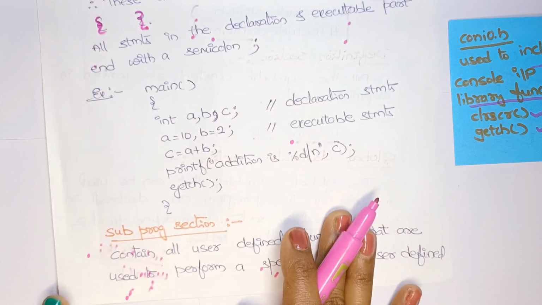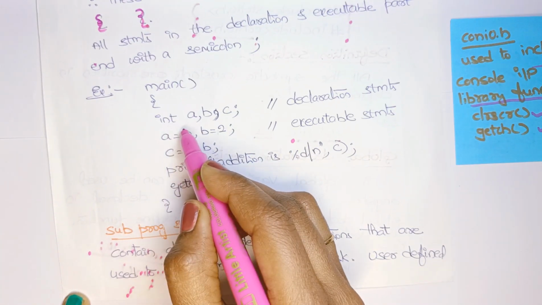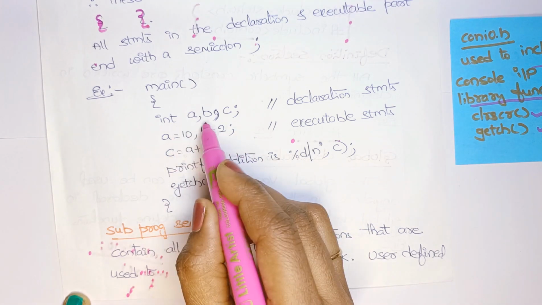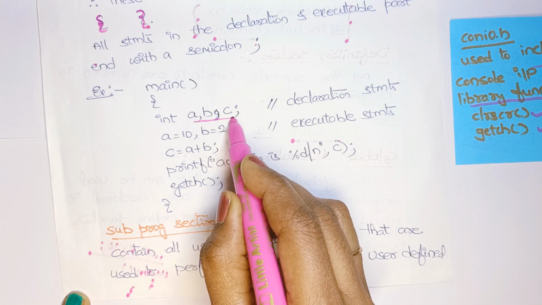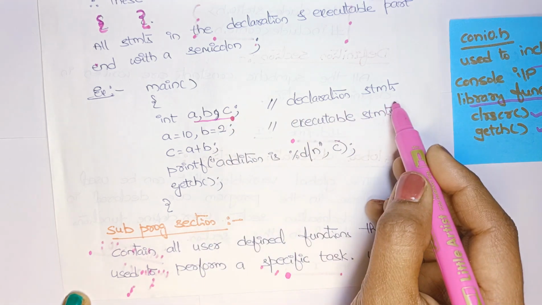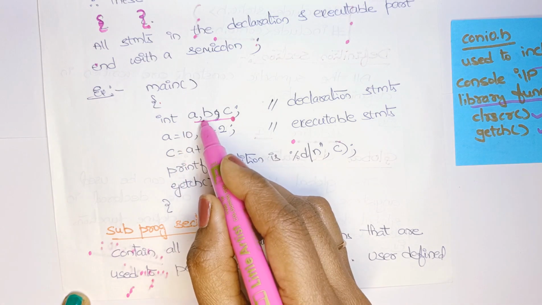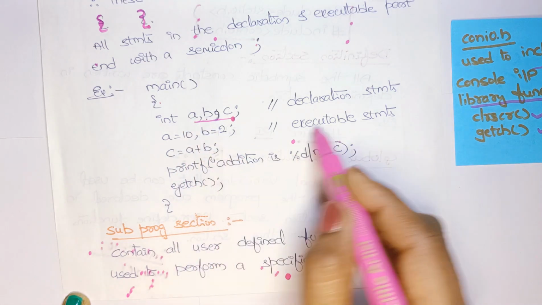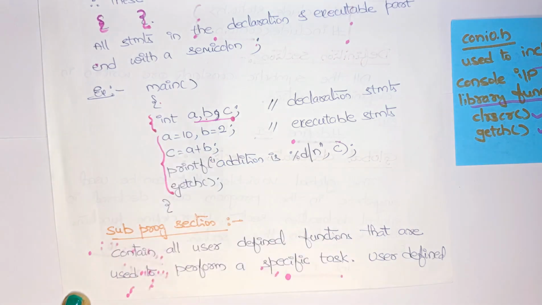So here, for example, this is the main function. This is the addition of two numbers I am doing: int a, b, c. This is nothing but a declaration of variables, so you can call these declaration statements. The main function consists of two parts, declaration part and executable part. These are all the executable part, and this is the declaration part.